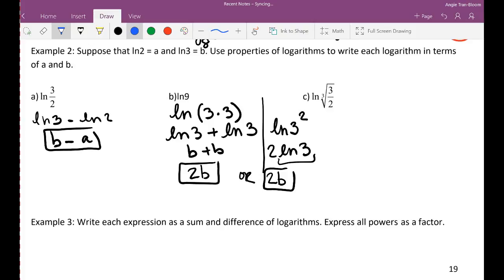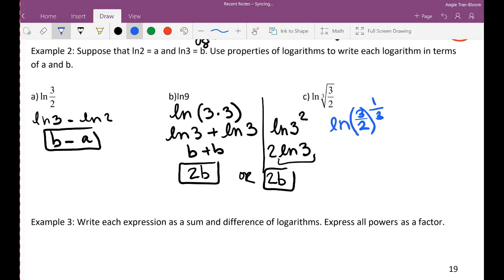So the radical has to be turned into an exponent, so it becomes ln to the 1/3. Can you do me a favor? Put parentheses around 3 divided by 2.